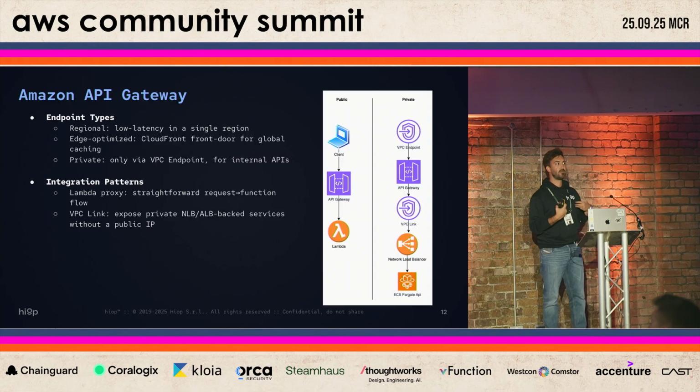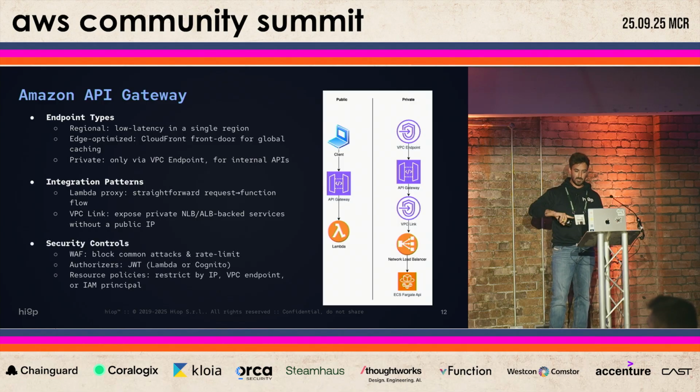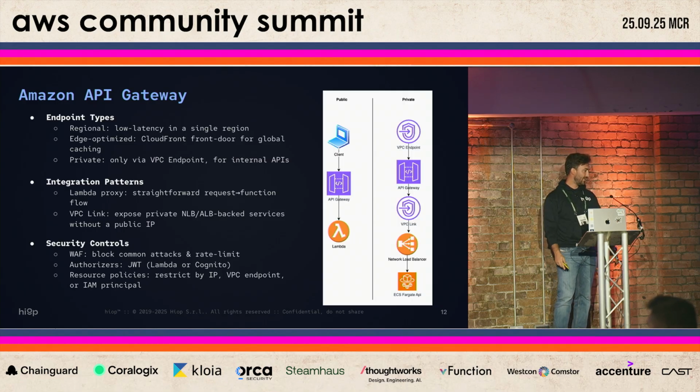The private types are always used for internal communication between your services, for example when you want to expose a Fargate application or a Fargate API internally, and secure it with some extra components. This is done with VPC link and VPC endpoint, which we will see later in more detail.